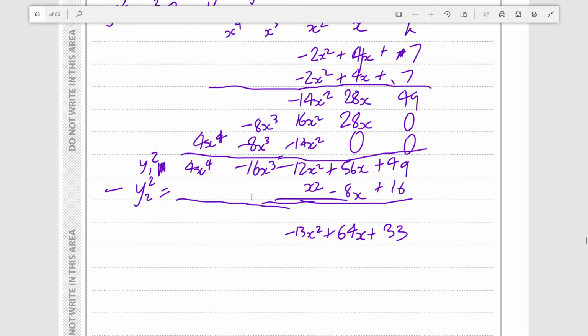And then furthermore, we'll get minus 16x cubed, and then minus nothing, so it remains at minus 16x cubed. And finally, 4x to the power of 4 minus nothing, so this is our y1 squared minus y2 squared.